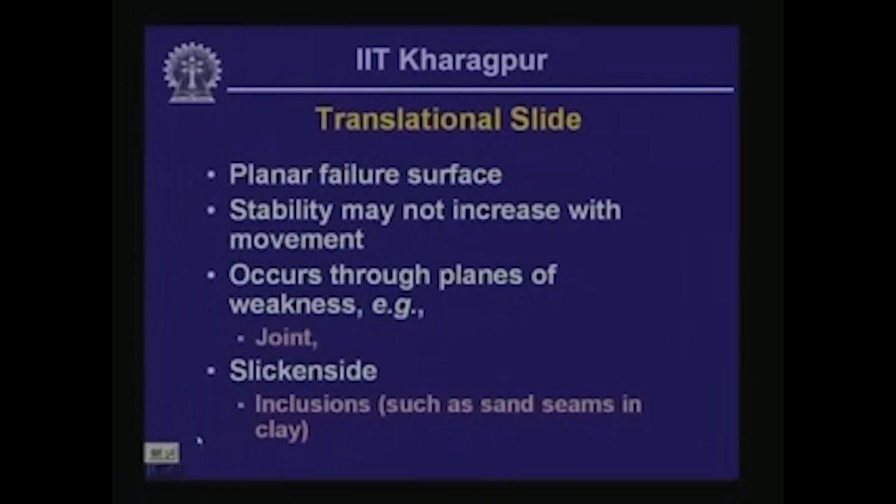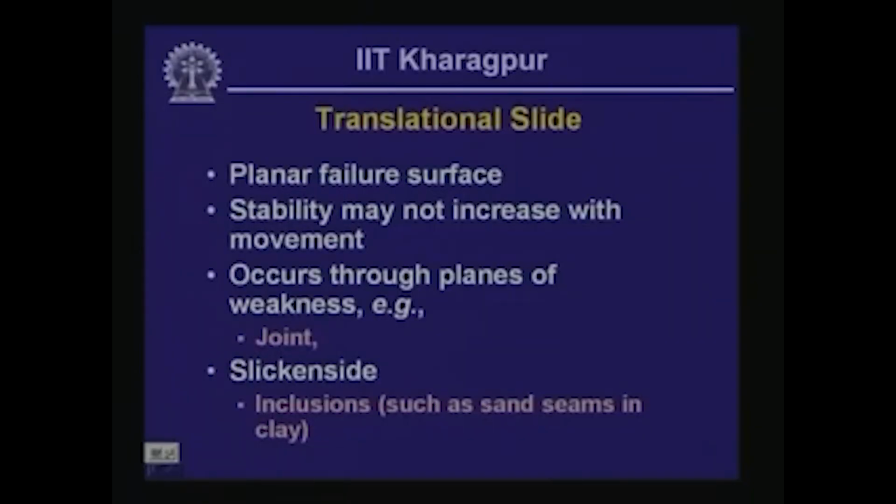The next one that we are going to consider is a translational slide. In case of rotational slide, the movement of the unstable soil or rock mass was rotational, but in case of translational slide, the movement is really translational, as the name suggests.